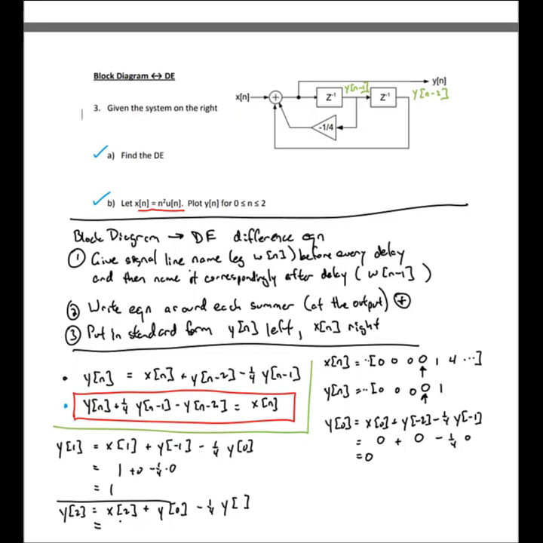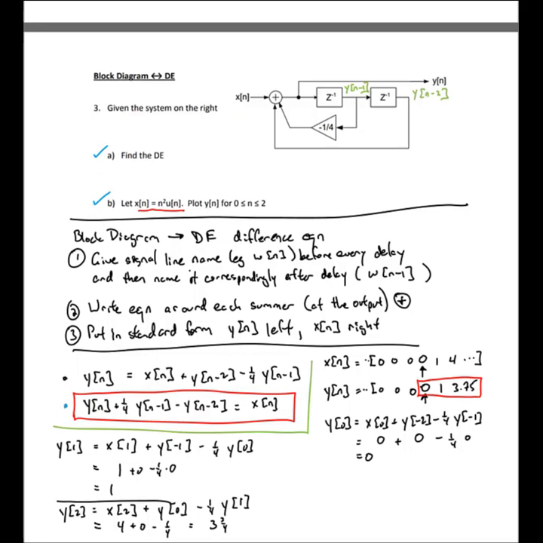So x of 2 is 4, y of 0 is 0, and y of 1 we said was 1. So that'll be 3 3/4. So that is our answer to the question.